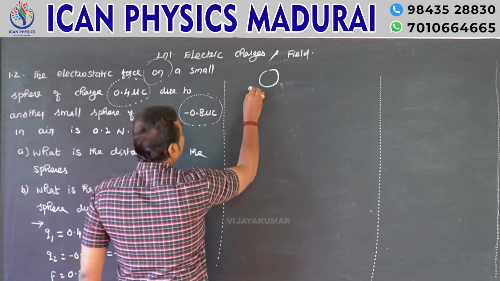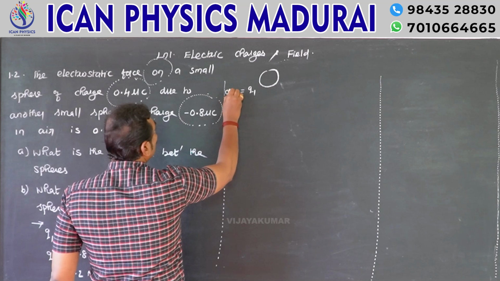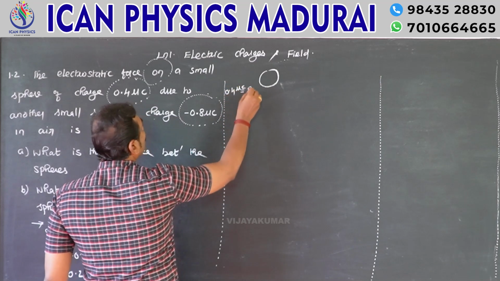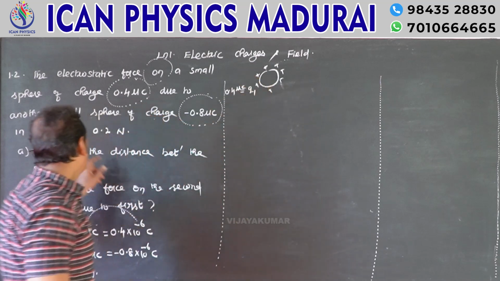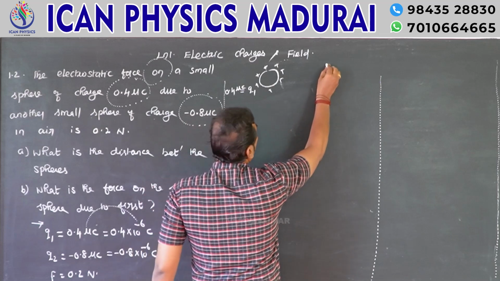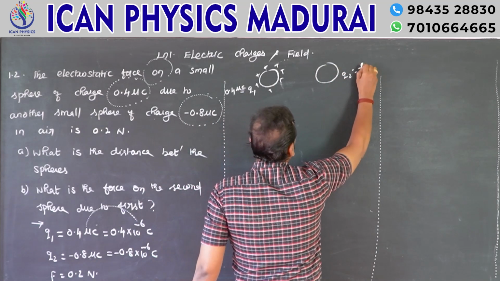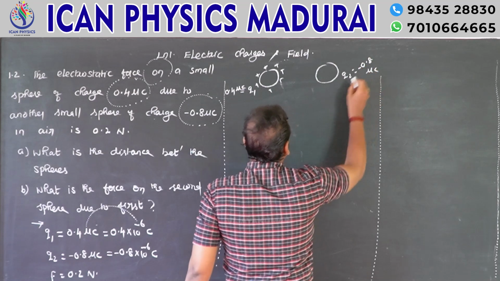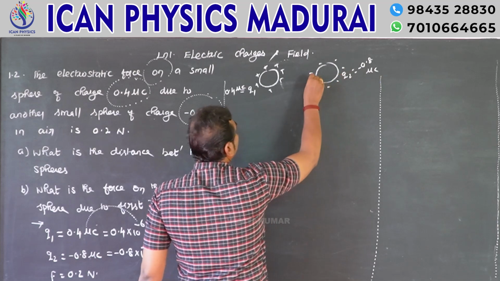It can be taken as Q1, which has 0.4 microcoulomb of positive charge. Now, another sphere of 0.8 microcoulomb. This is the other sphere of charge Q2 equal to minus 0.8 microcoulomb, and it is negatively charged.